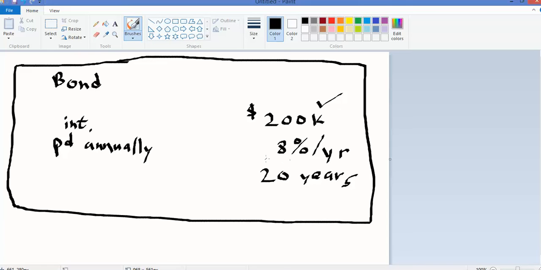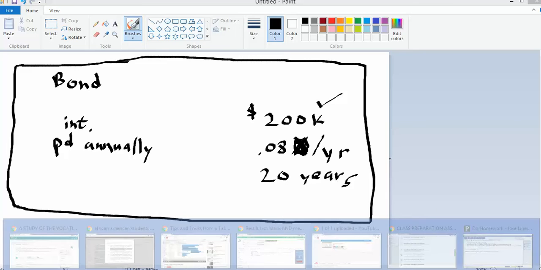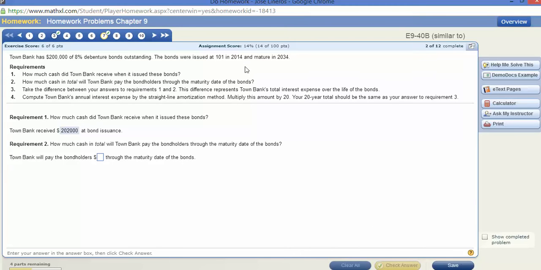So if you take 200,000 and multiply it by 0.08, notice we're taking 8%. We're going to the left twice, 1, 2. That makes it easier to work with our calculator. 200,000 times 0.08 is 16,000. That's per year. But the question is how many years? And we've got 20 years.